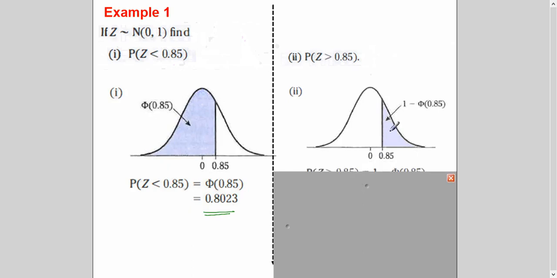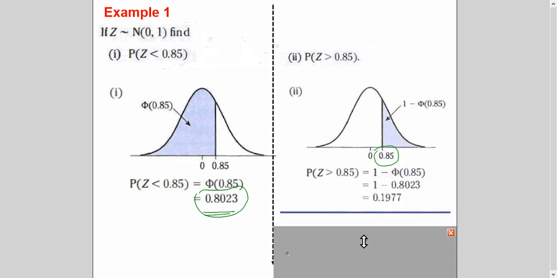So how will you do it? You will read the value against this and subtract it from 1 because 100% area under the curve is 1. So whenever you have positive z and you have to find the right-hand side area, you read the left-hand side area from the table and subtract it from 1.